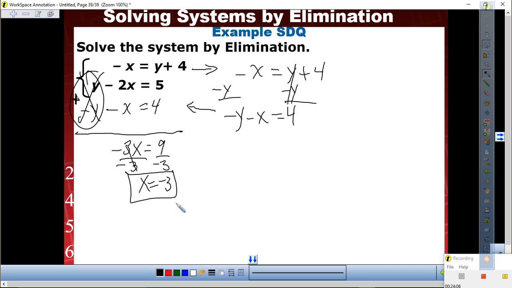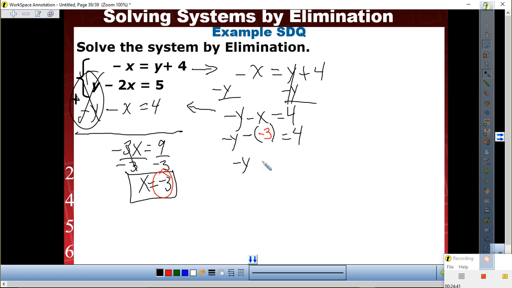Okay? Next, we take one of the two equations. Doesn't matter which. I'm going to take the bottom one to make a point in regards to substituting with negatives. So I'm going to substitute this one into the second one, which is this one. Does everybody see it? So instead of x, I'm going to substitute negative 3. Bring down the negative y, which means I need to put this in parentheses, equal to 4.